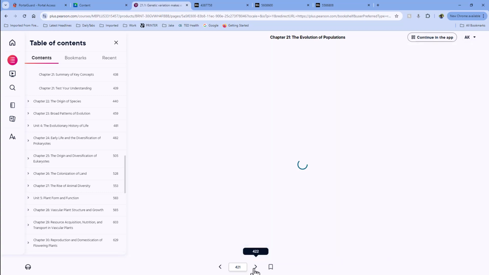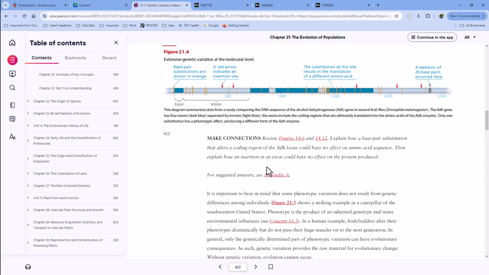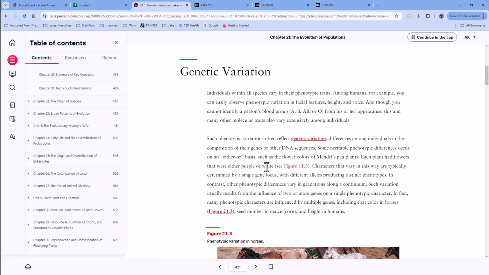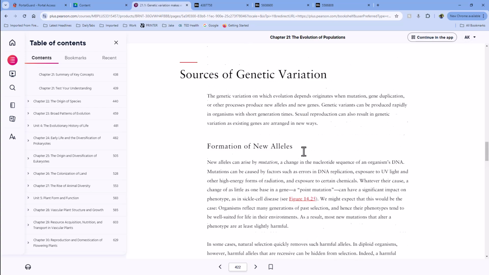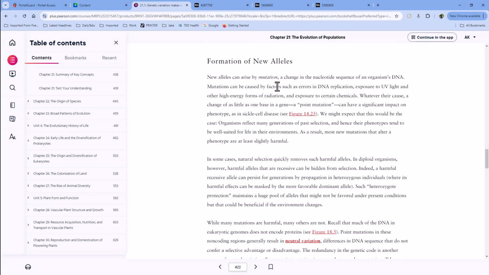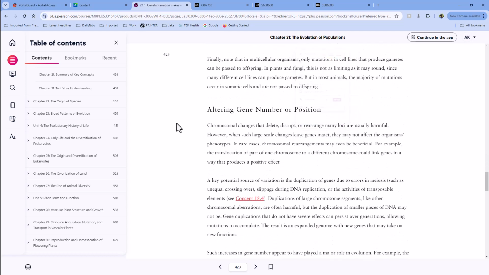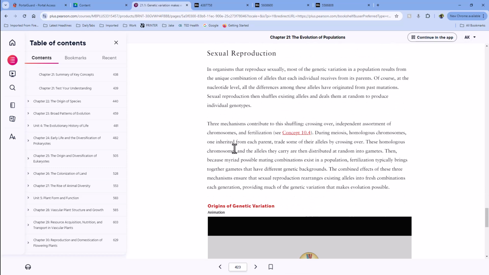So mutation, there's your genetic variation, there's the definition, and then you move through sources of genetic variation, formation of new alleles due to mutation, so mutation, and then altering gene number or position, so chromosomal mutation or rearrangement, rapid reproduction, sexual reproduction.